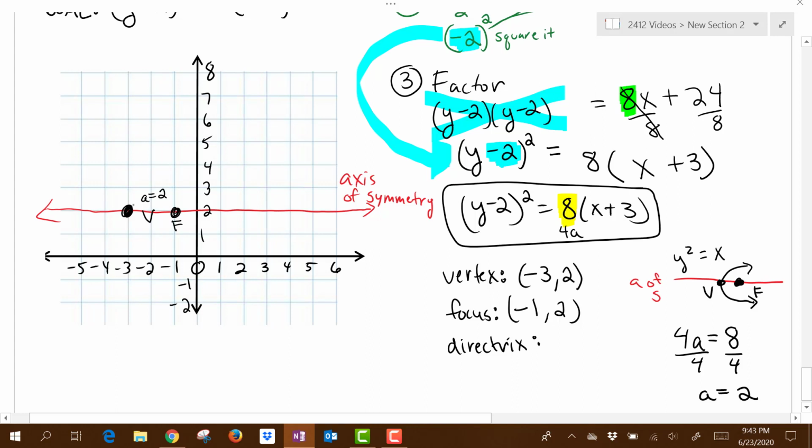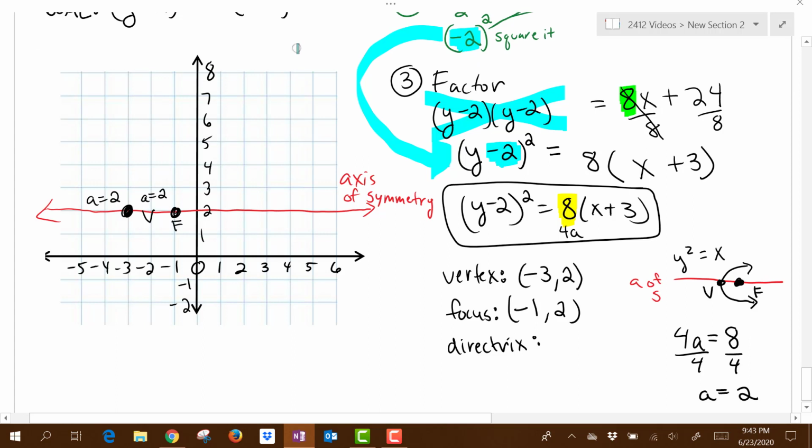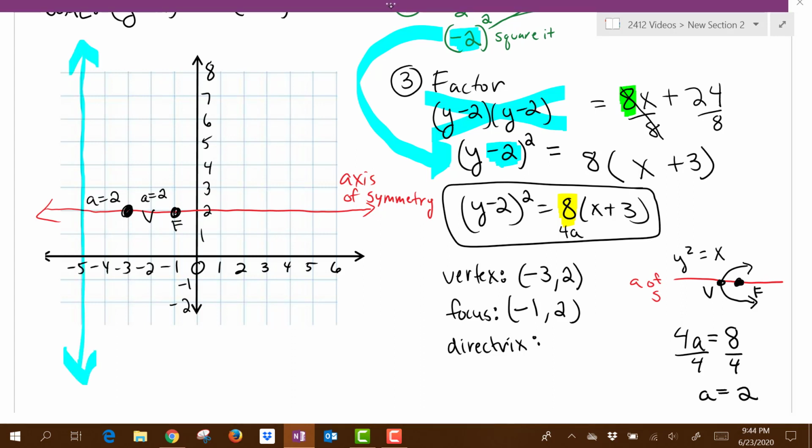So that means that the directrix will be 2 units to the left of the vertex and has to be vertical. So remember, the axis of symmetry and the directrix are always opposite of each other. So go 2 units to the left of the vertex and draw a vertical line there, and there is our directrix.